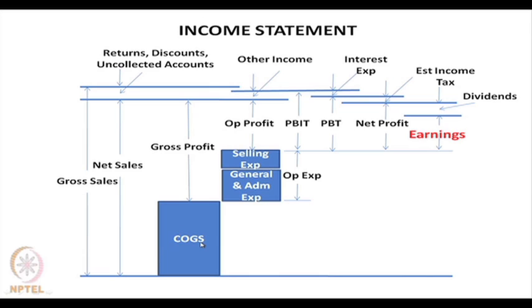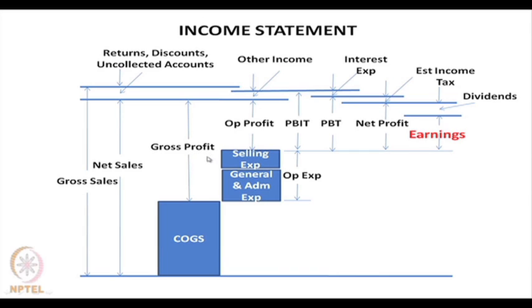If we subtract the cost of goods sold from the net sales, we have gross profit. Now, from the gross profit, if we subtract the general and administrative expenses and the selling expenses, then we get the operating profit.